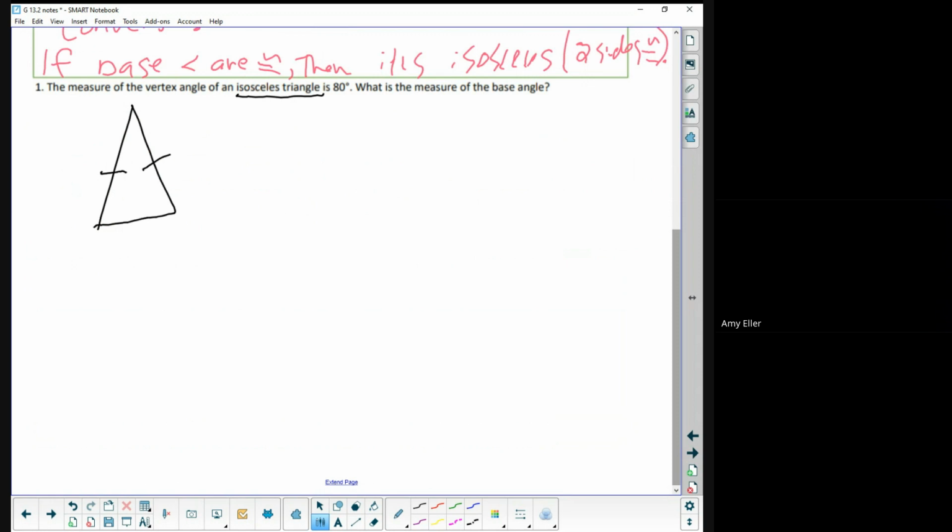If these sides are alike, then my base has to be this one. The vertex angle is 80. Do we know where the vertex angle is? Yeah, because if this is the base, this is a base angle, and this is a base angle. That means the other one is my vertex angle. That's up here, and that's 80.